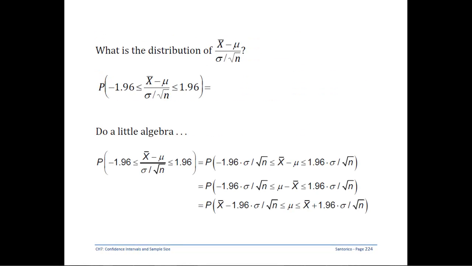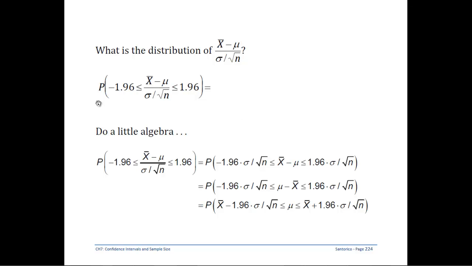So the central limit theorem tells us that our X bar is going to be normal if we have a big enough sample. And in particular, if we use our z-score, this is going to be what? So we've standardized it, so it's going to be a standard normal distribution.